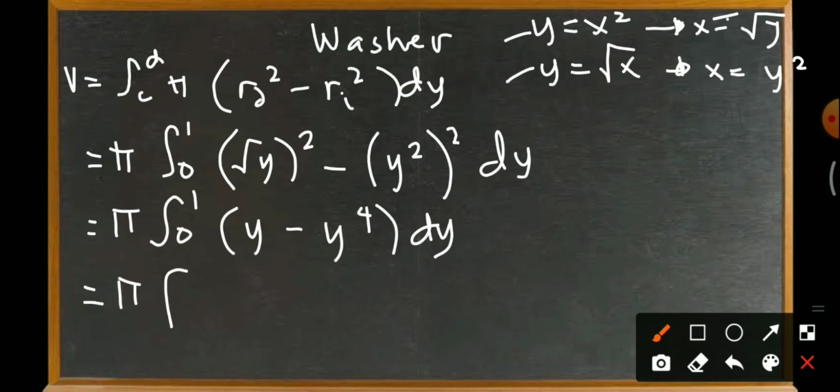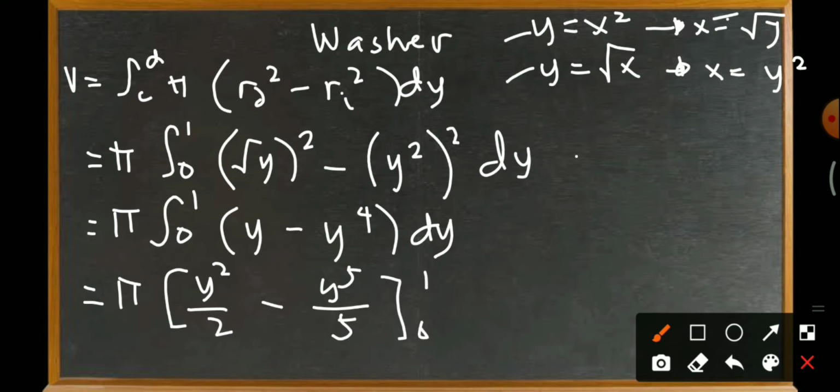Pi times the antiderivative of y, which is y squared over 2, minus the antiderivative of y to the power 4, which is y to the power 5 over 5, from 0 to 1. So we have now pi times 1/2 minus 1/5.